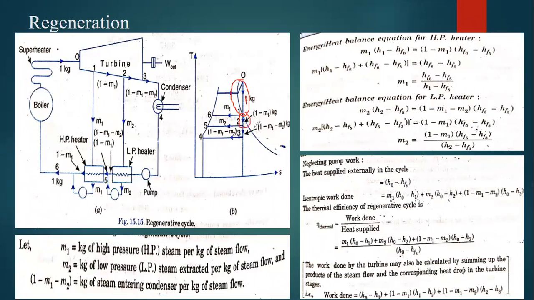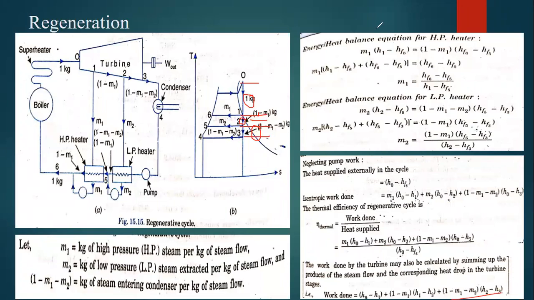And for (1 minus M1 minus M2) kg of steam, what is the enthalpy difference between these partial things? H2 minus H3. I hope you understand. That's what we have written here.